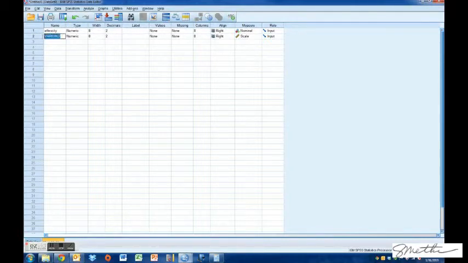And let's change variable to something like percent satisfaction on some rating scale. Okay, so that's what we'll call that.